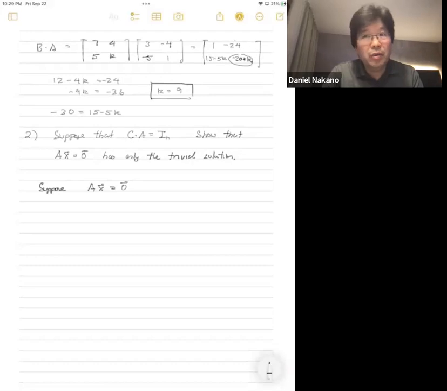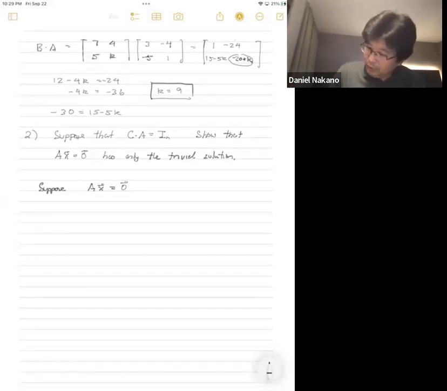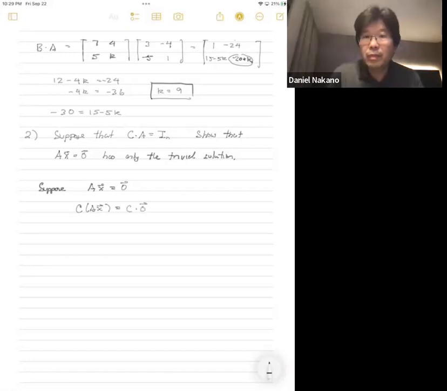Well, the natural thing to do is just multiply by C on both sides. So if you just take C times AX, that's equal to C times the 0 vector. And when you multiply any matrix times the 0 vector, you get just the 0 vector again. Okay. And as I mentioned before in the previous class, matrix multiplication is associative.